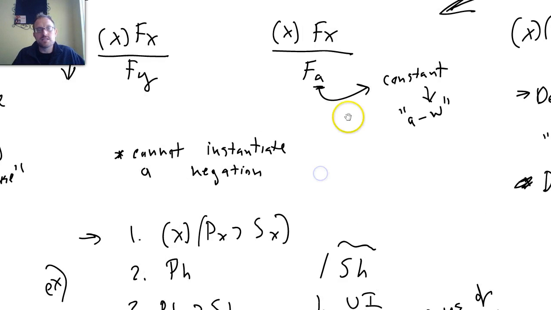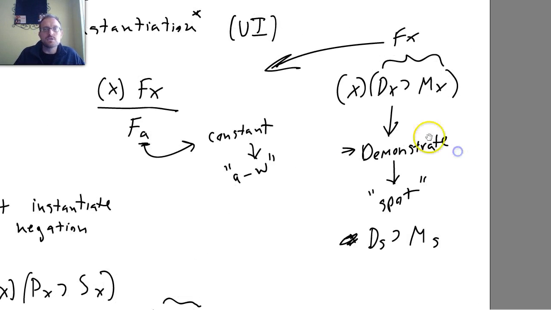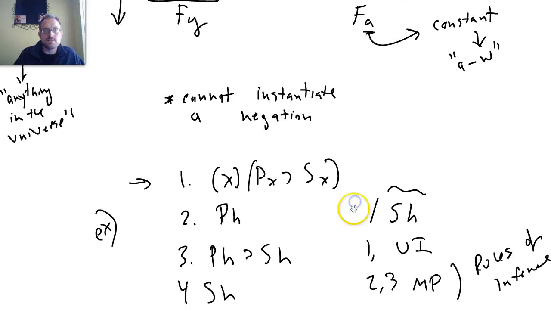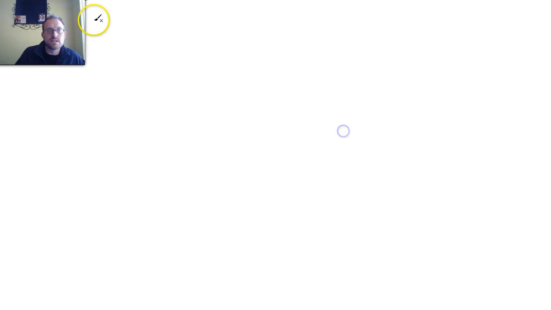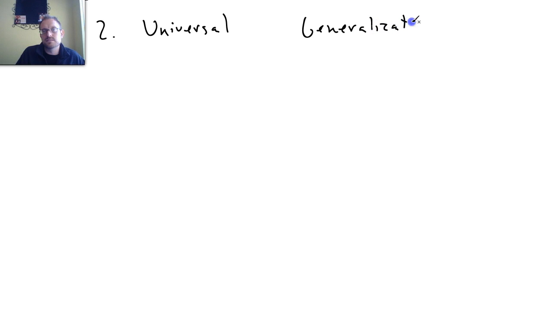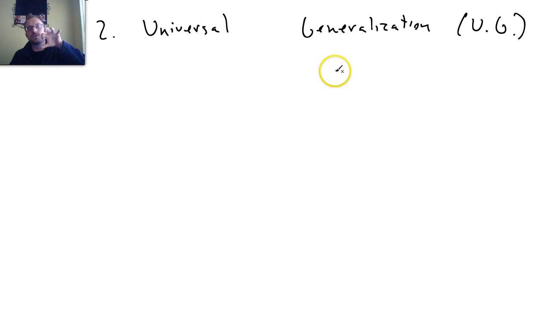That's universal instantiation. Let's now do universal generalization. Okay, so this is number 2, universal generalization, and this is UG. Now, remember, instantiation removes that quantifier.